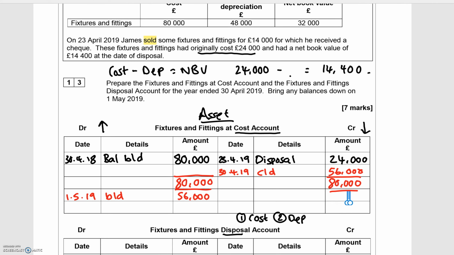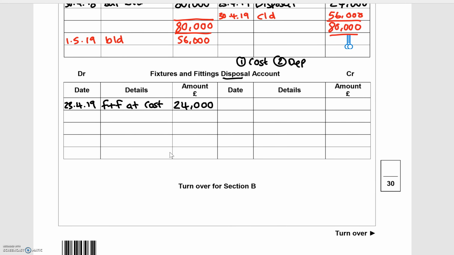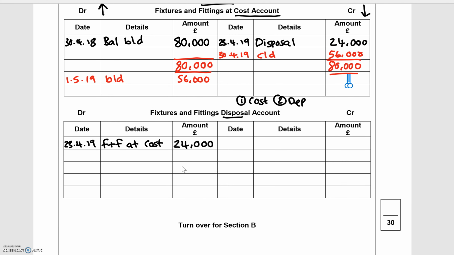So I'm just going to replace that here. Depreciation must be £9,600. This is the depreciation we have to get rid of in our accounts. To get rid of depreciation, we normally put it on the debit side of the depreciation account to reduce depreciation. So here it would go on the credit side.